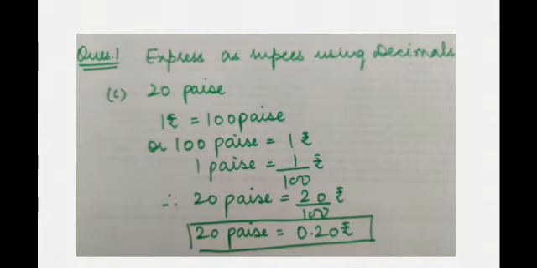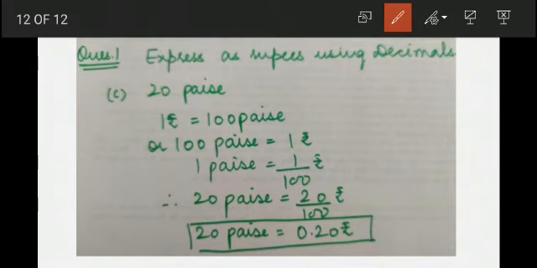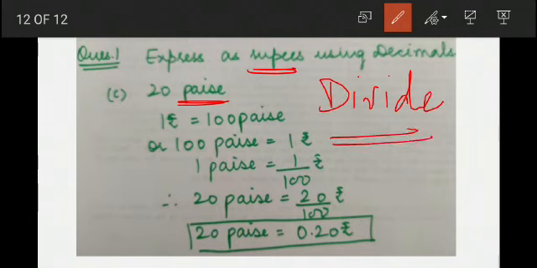Moving further, here in this question we have to convert the given paisa into rupees, and you are aware that rupees is a higher unit and paisa is a lower unit. Again we need to divide because we are going to convert a lower unit into higher unit, and the relationship between rupees and paisa is 1 rupee is equal to 100 paisa.